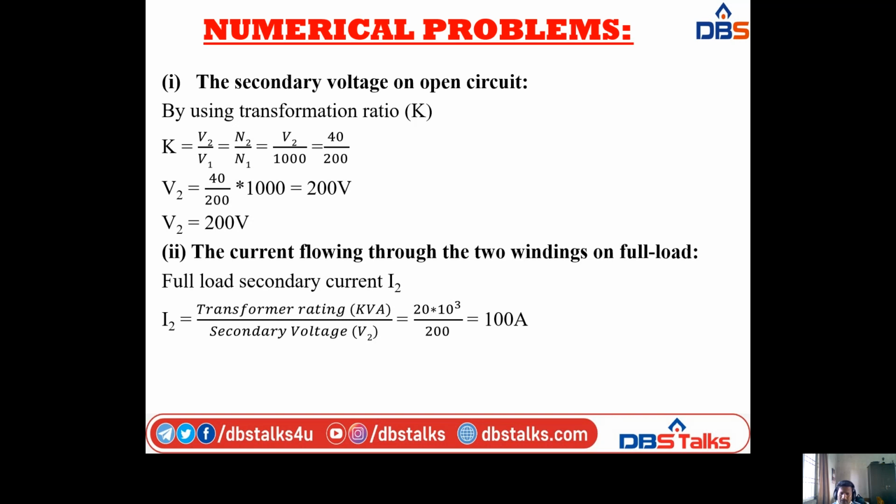Next, the second one: the current flowing through the two windings on full load, that is, determine I1 and I2. First calculate the full load secondary current I2. I2 is equal to the transformer rating in kVA divided by the secondary voltage V2.